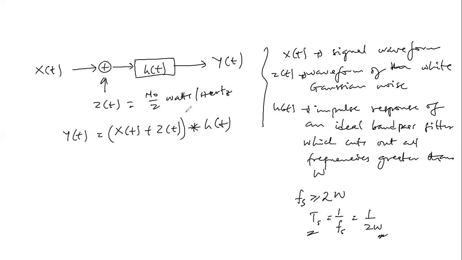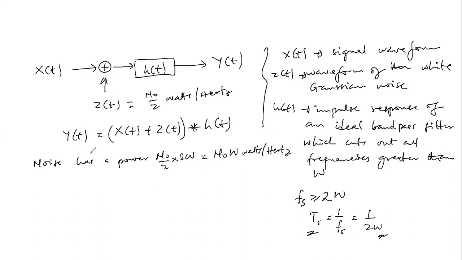So the noise has a power N naught over 2 times 2W. Okay? Twice the bandwidth, which is the same as N naught W watts. That's the noise power.